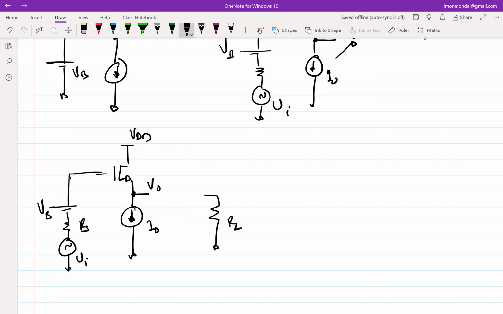I want to use this structure to drive this resistance RL, and then we did something. Now, we did the analysis in the previous lecture. You can go back and look into it. But let me ask you one question.